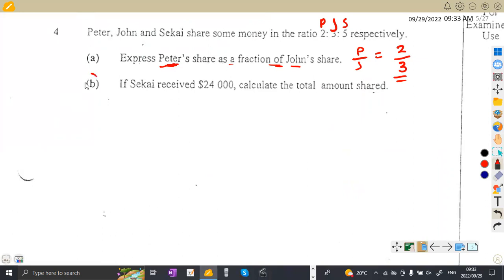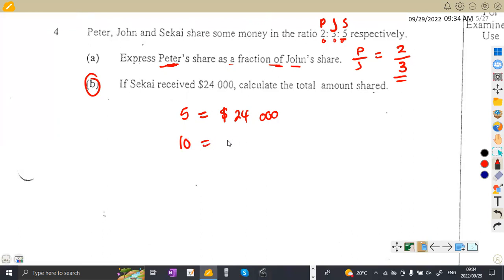Okay. The D part, if Sekai received 24,000, calculate the total amount shared. Okay, so Sekai is receiving 24,000 here. This is Sekai with 5. So you're simply saying 5 according to the ratio of Sekai corresponds with $24,000. What about the total, which means you add the total ratio 2 plus 3 plus 5, that's going to be 10.